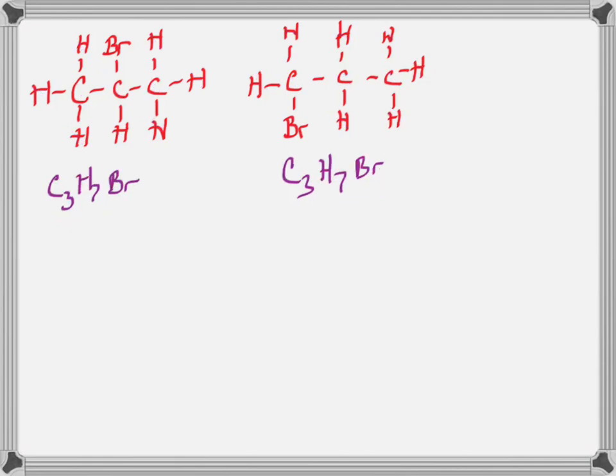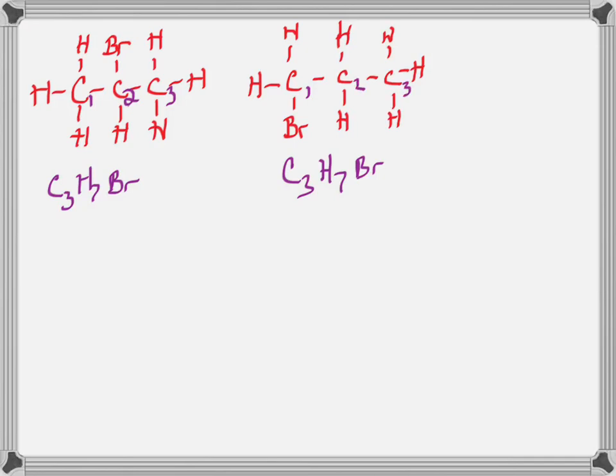To help you appreciate what is meant by connectivity of atoms, I'm going to walk through it with this example. I'm going to number the carbons in each structure: carbon 1, carbon 2, and carbon 3. And then I'll do the same here, 1, 2, and 3.